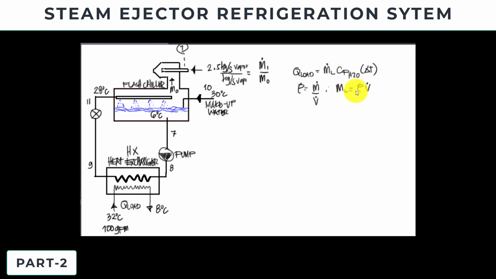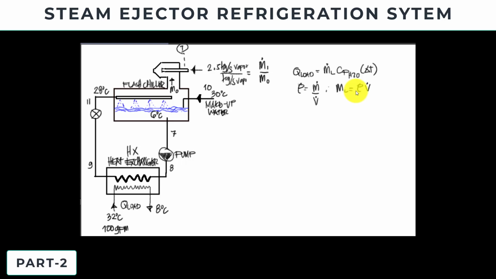Usually, the density of the fluid varies with temperature. If you increase or decrease the temperature, the density will vary. We are only using the density of 1000 kilogram per cubic meter, which is the standard at normal temperature and pressure.